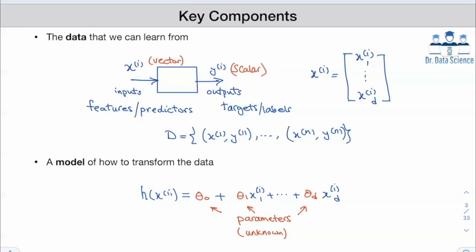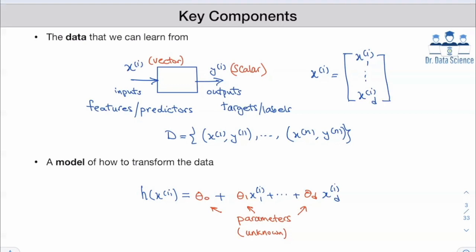Here I use h because this stands for hypothesis. x^i is the input, and we plug it into this equation, which is the equation of a line. And this will give us the output that we are looking for, which is a single number or a scalar.